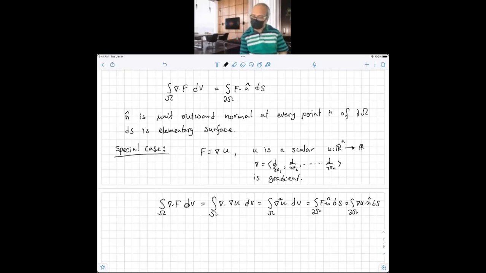If I write down the final result, then the integral over Omega of nabla squared u dV equals the integral over the boundary of Omega of the gradient of u dot n hat dS.